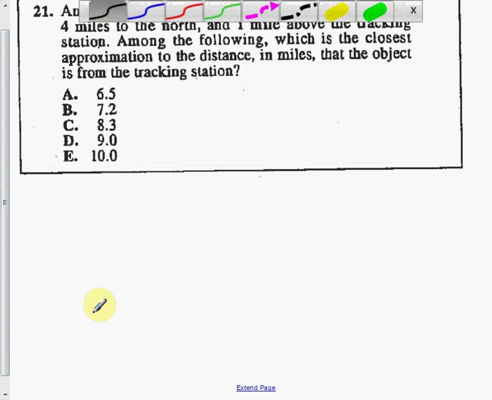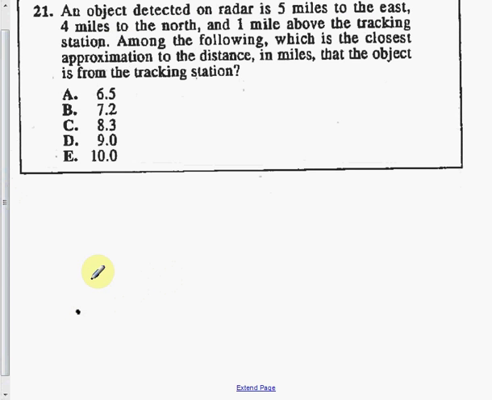So you have a person at some station, let's say they're here, and it says the object detected on the radar is 5 miles to the east, and then it says it's 4 miles from there to the north. Let's say if we go 4 miles up to the north, and then it says above the radar tracking.